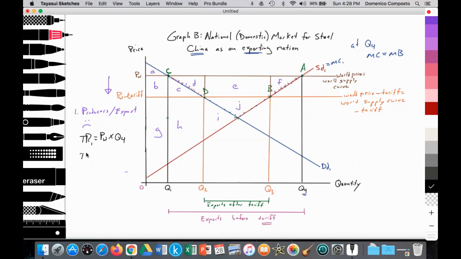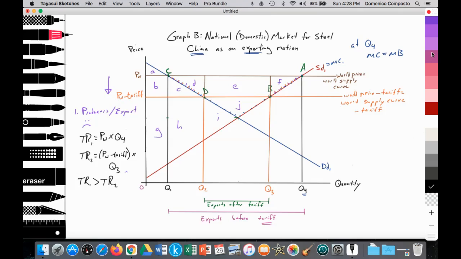And then total revenue 2, which is the total revenue gained after the tariff, is PW minus the tariff multiplied by a lower quantity of Q3. Thus, total revenue 1, or total revenue before the tariff, is greater than total revenue after the tariff.